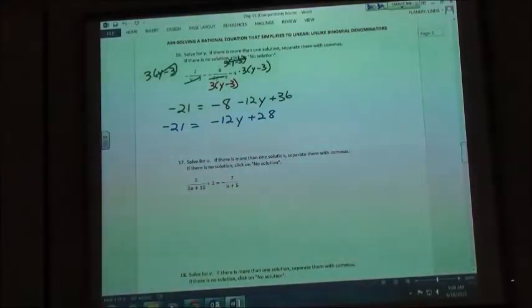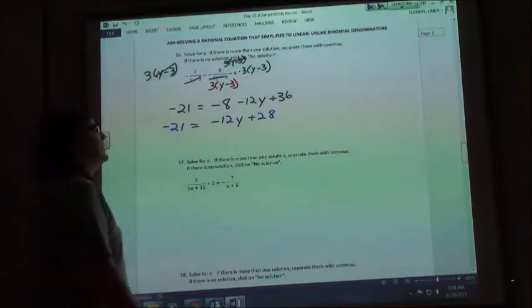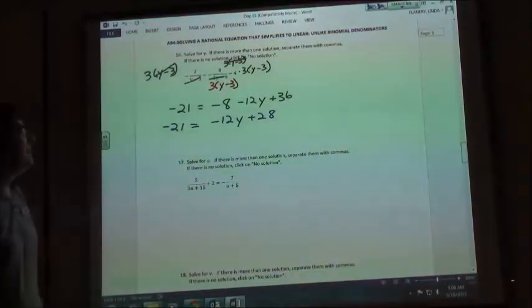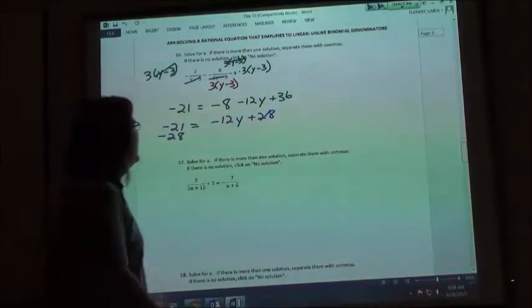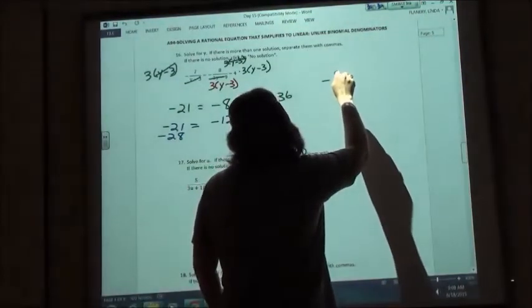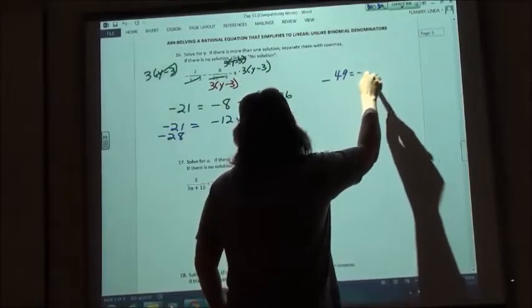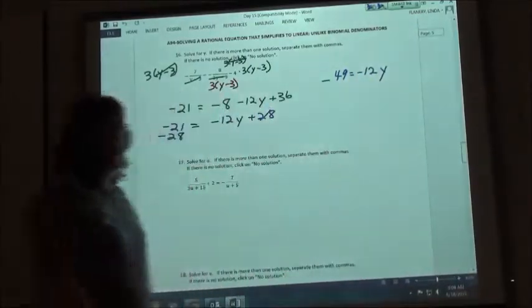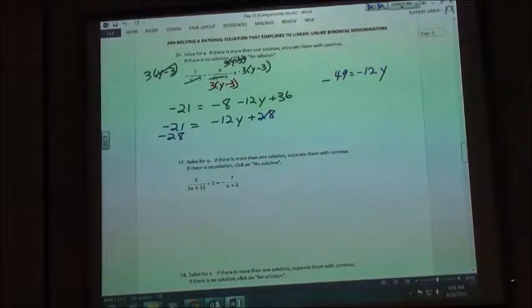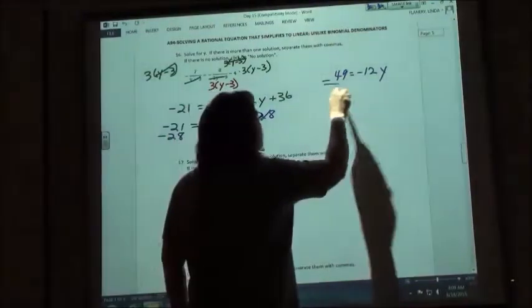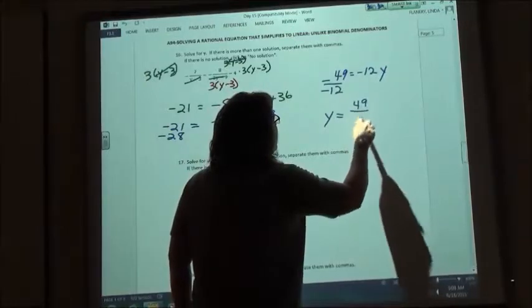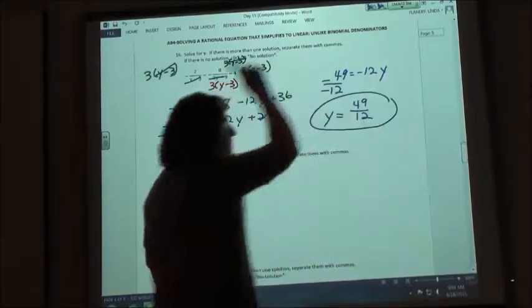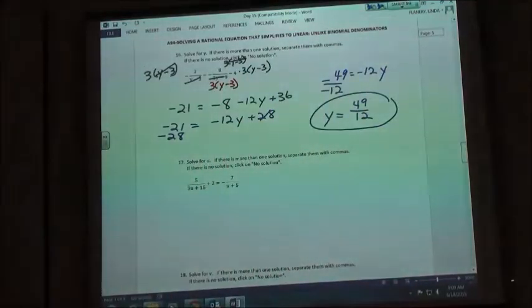I'm then going to subtract the 28, so I get negative 49 equals negative 12y, and when I divide, my answer is y equals 49/12.